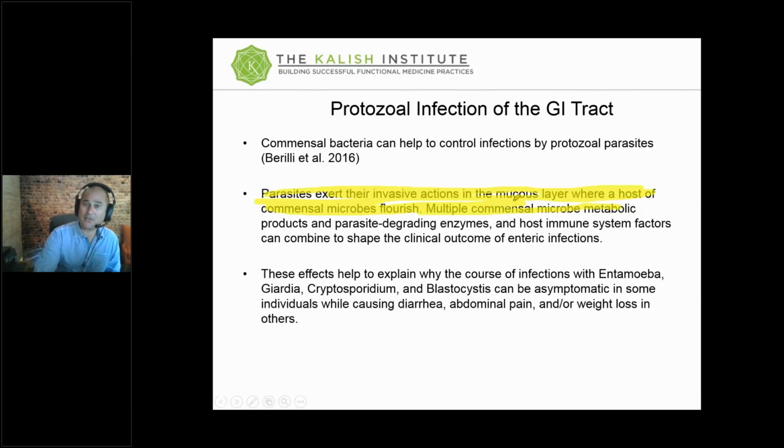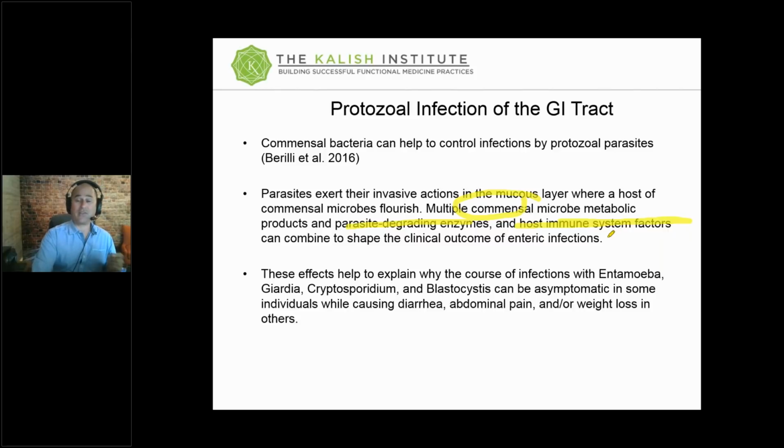So multiple commensal microbe metabolic products, and parasite-degrading enzymes and host immune system factors combine to shape the clinical outcome of these infections, right? So in other words, the strength of the commensal bacteria, their ability to make enzymes that degrade parasites, the commensal bacteria's ability to modulate the immune system is going to have a huge impact on you being able to clear these bugs.